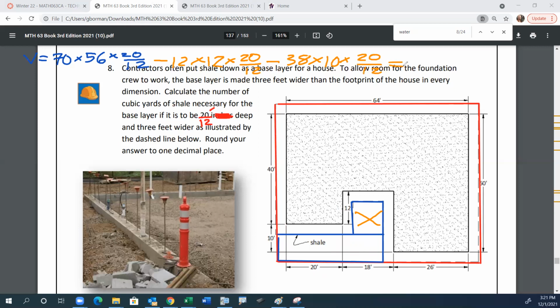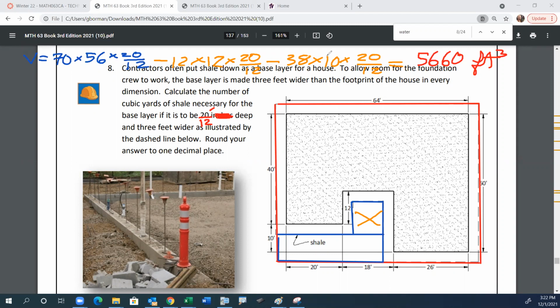Okay, so now we're ready to plug it in. Okay, so that's going to give us 5660 cubic feet. We're doing volume, so it's cubic.